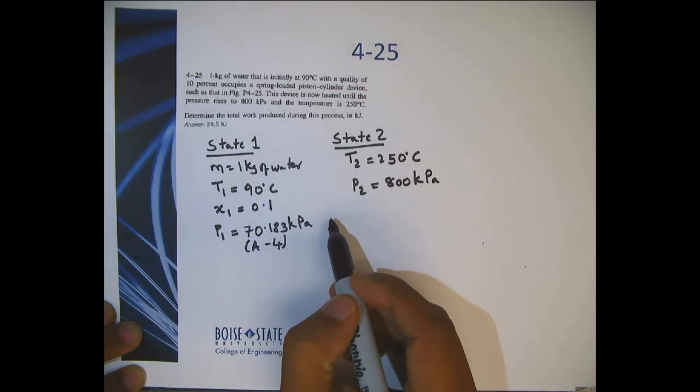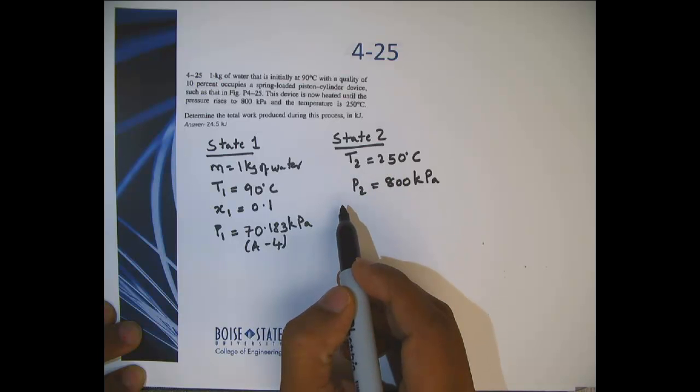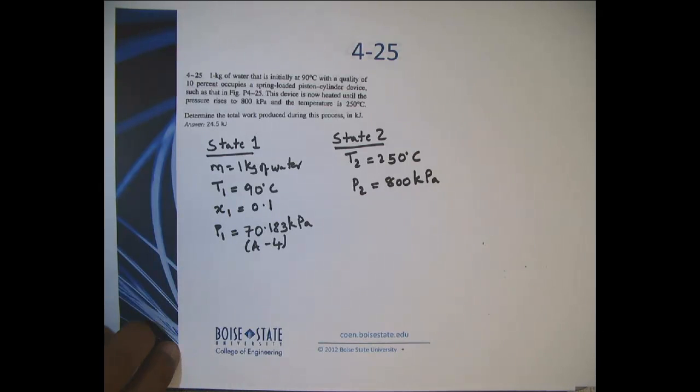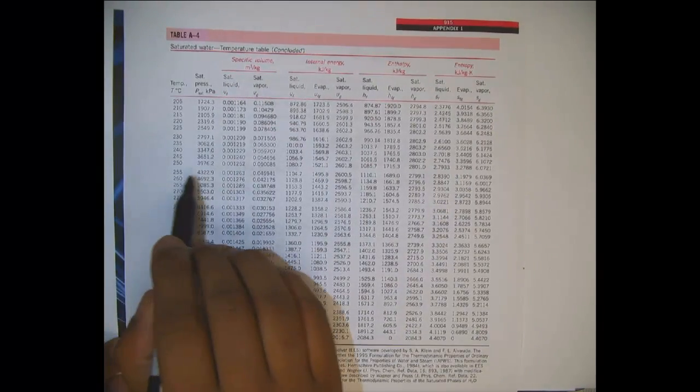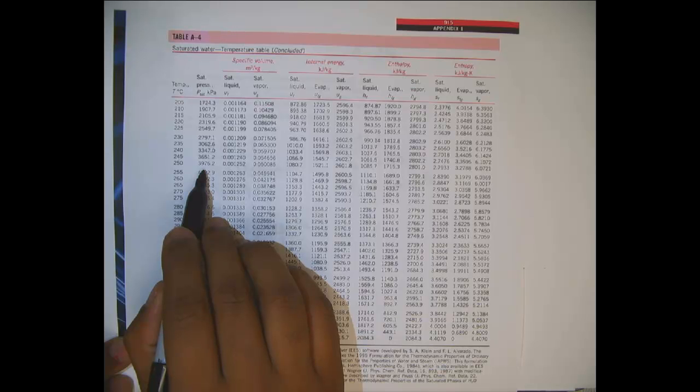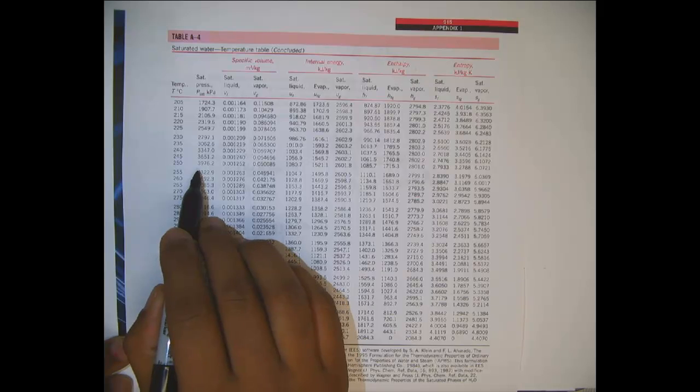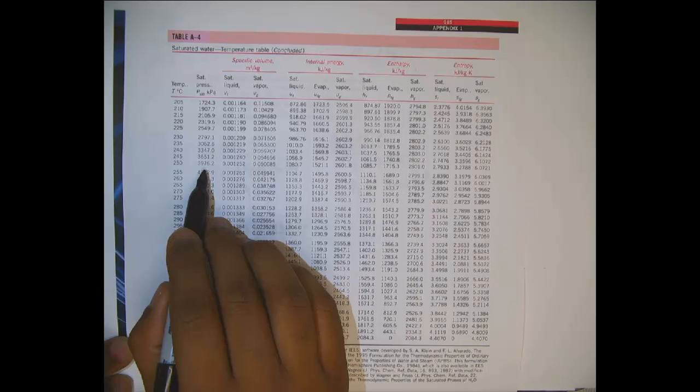One is you're given the temperature, so go to the temperature tables and look at the saturation pressure. The saturation pressure here is 3976.2 kilopascals, which is greater than the pressure at P2, which is 800 kilopascals. That would mean that we are in the superheated zone.